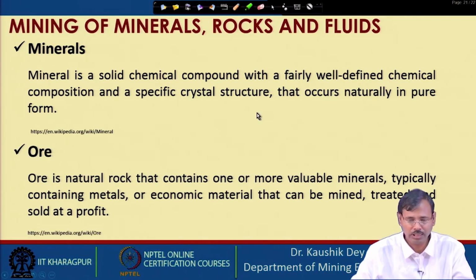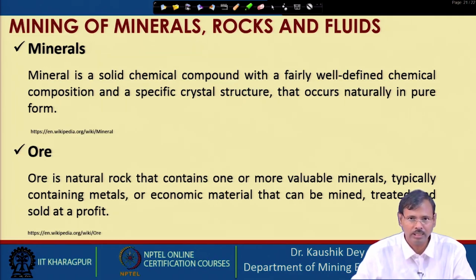Now, as minerals have well defined chemical compositions, in some of the minerals we may have interest, but even if the mineral is interesting, it may not be possible to go for mining of the mineral.